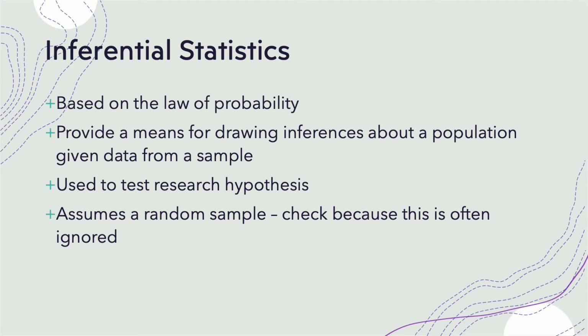Inferential statistics is based on the law of probability, and it provides a means for drawing inferences about a population given data from a sample. It's used to test a research hypothesis, and it assumes a random sample. Although when you're reading research articles, check this, because a lot of people ignore that it's supposed to be a random sample.